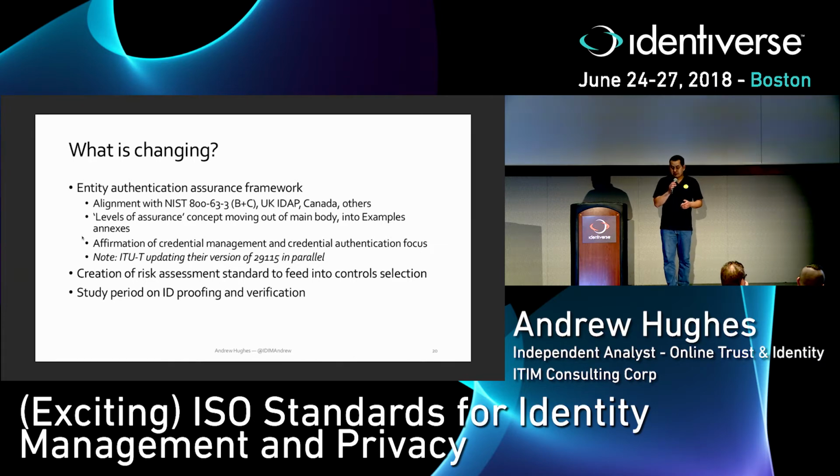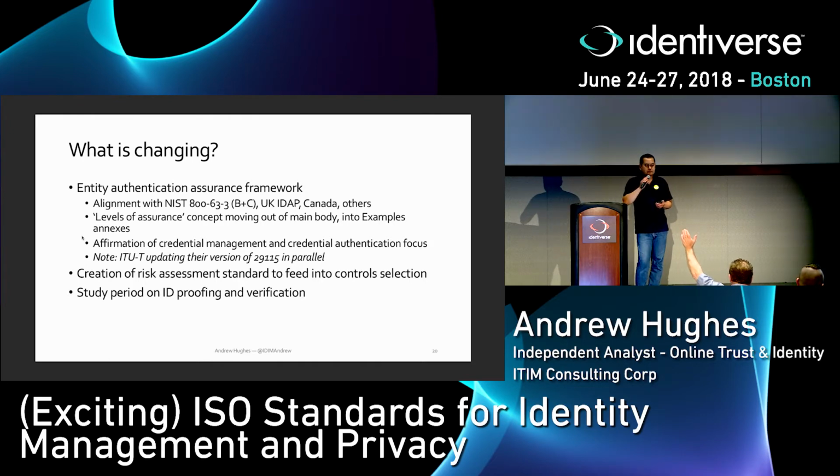The UK's IDAP, which is similar but not the same. And Canada has identity management standards. So those are coming in, so that there can be a cross-mapping and equivalency between the international scope and the national scopes. Who knows what a level of assurance is with respect to identity? They're going away.